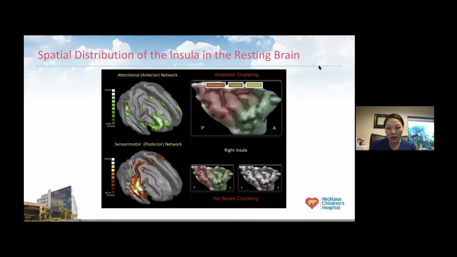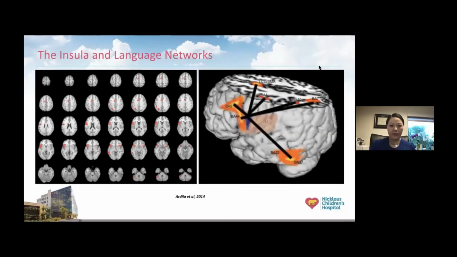So depending on the semiologies that we see in our patients, we may elect to sample either the anterior portion of the insula or the posterior portion of the insula. And now we're really understanding more about the function of different portions of this structure, which is highly complex.